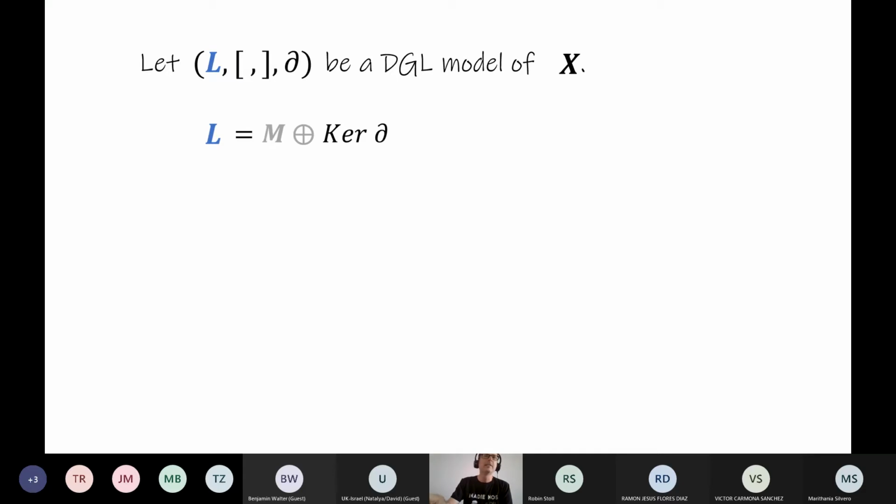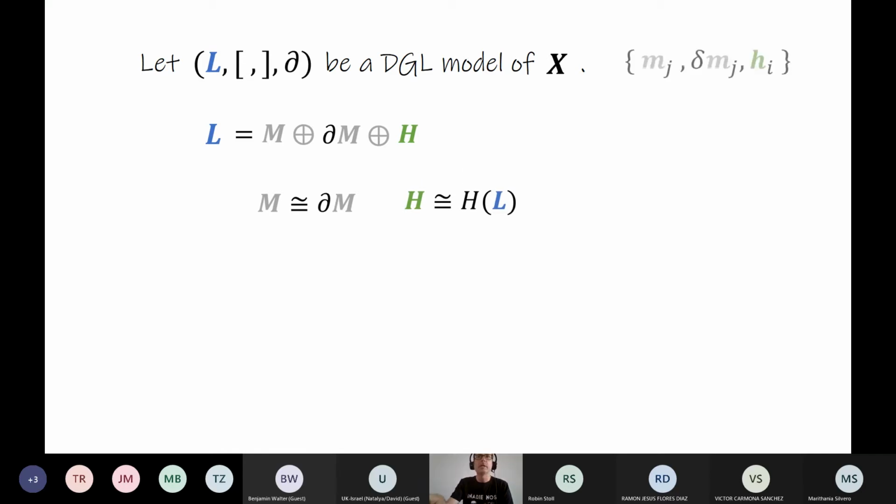And then the differential of this supplementary lives in the kernel, so we can take a complementary of this image of M. So we have this isomorphism because M is not in the kernel, and we can show simply that this H is just isomorphic to the homology of L. Then we can define the following contraction of this DGL into its homology.